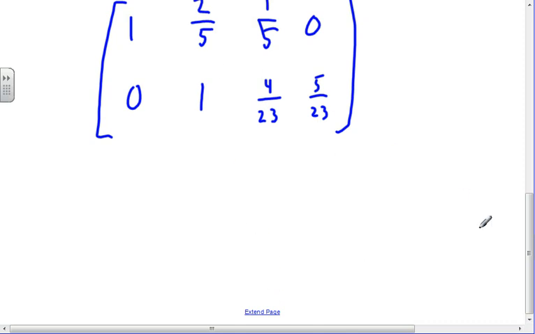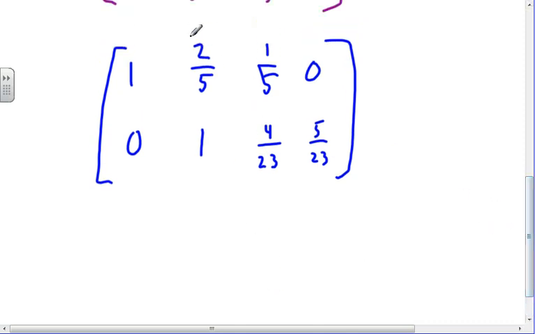Okay, so the next thing I want to do is make that element, the 2/5, a 0. So I'm going to multiply by 2/5 and then subtract. 2/5 times 0 is 0, so when I subtract it from 1, I still get 1. And this guy is going to be a 0.